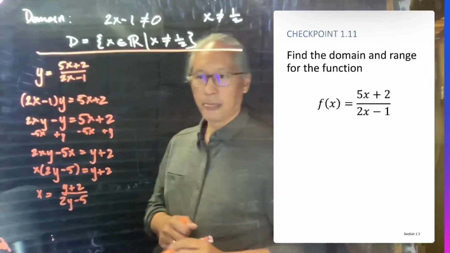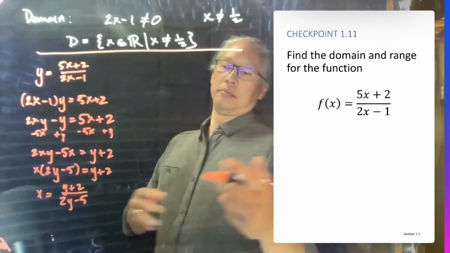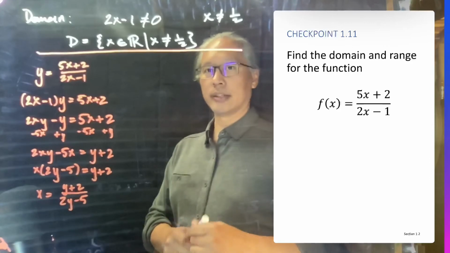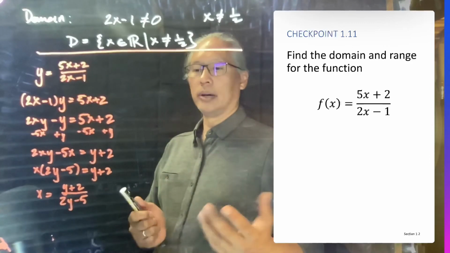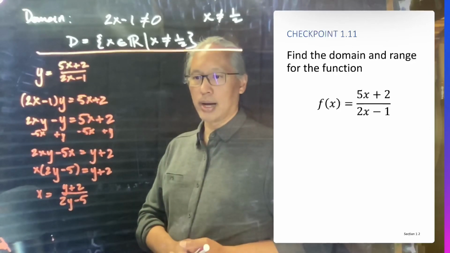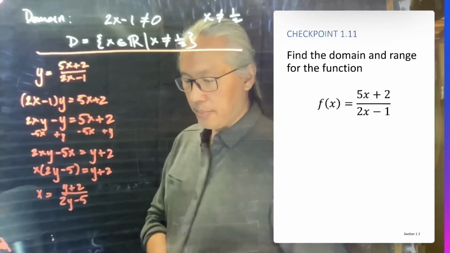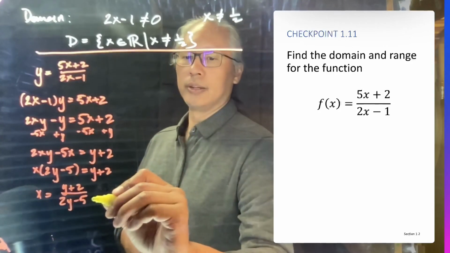Okay. Now from here, we can ask ourselves, we can put in a bunch of values for x's except for 1/2. So provided that we do all that, what kind of values do we get to put in for y? Well, the same rules apply. We're going to want the denominator to not be equal to 0.